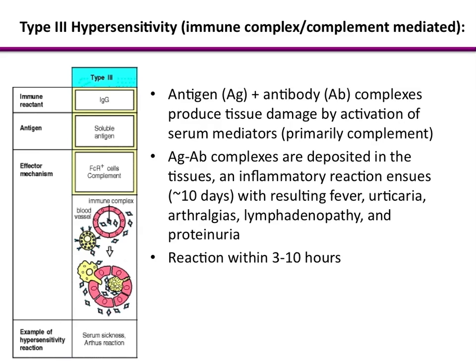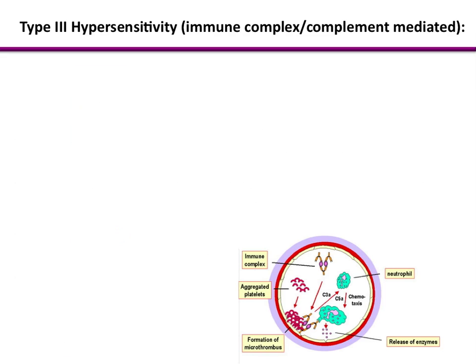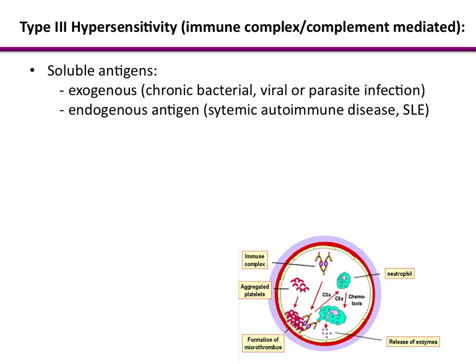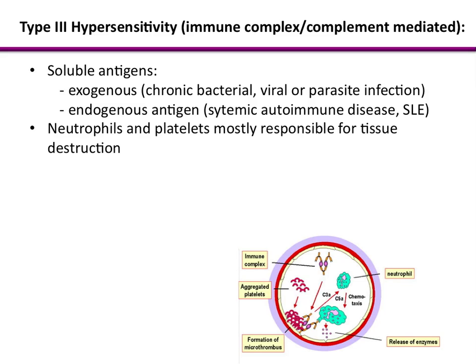Normally the reaction time is 3 to 10 hours. Typically the antigen they respond to is exogenous. It could be a bacterial antigen, it could be some endogenous antigen, like in SLE.